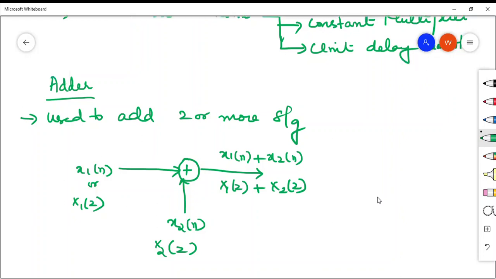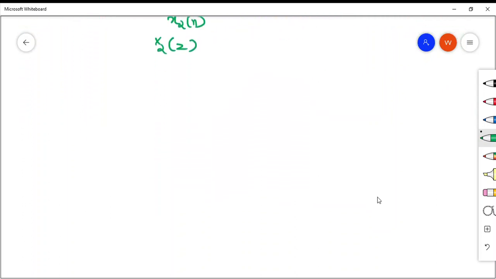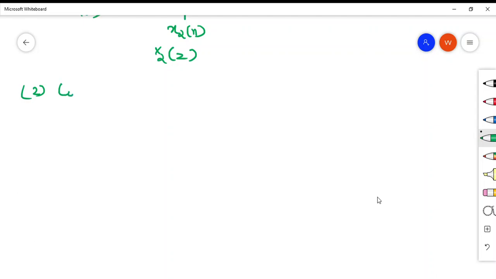Now, second one is known as constant multiplier. These are the elements that we use to convert this difference equation into a network form. So, second basic element used is multiplier, constant multiplier.